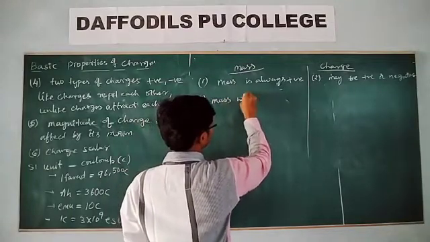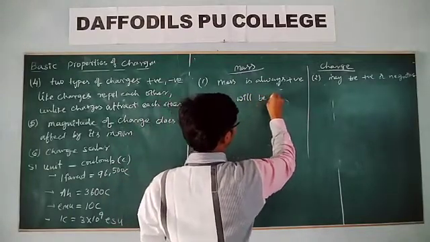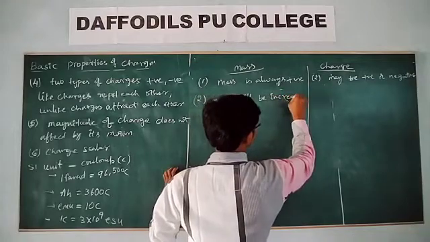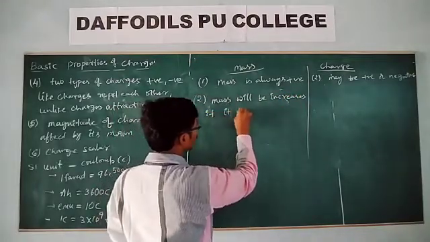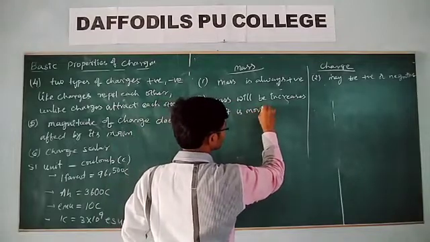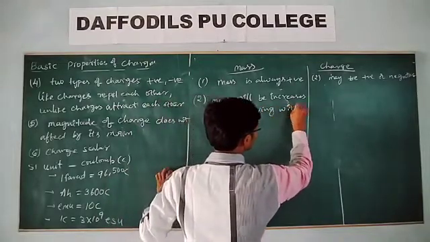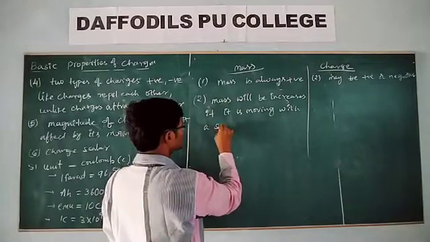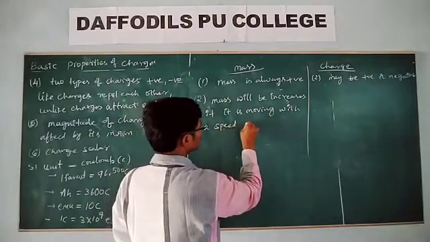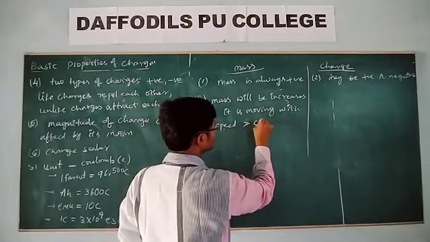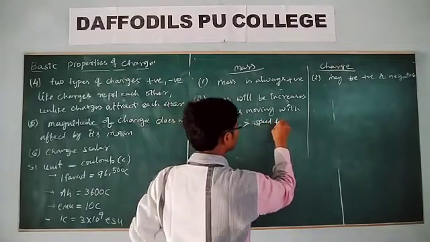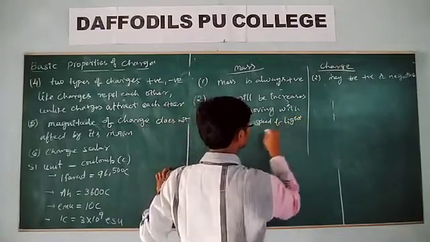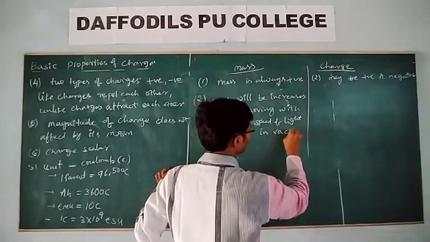Mass will increase if it is moving with a speed close to the speed of light in vacuum.